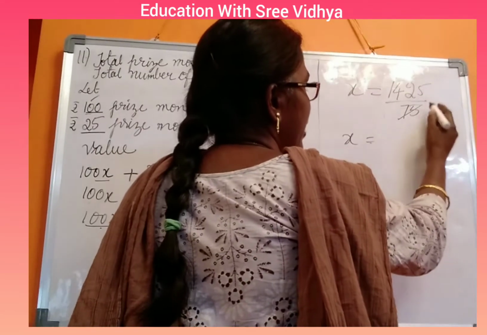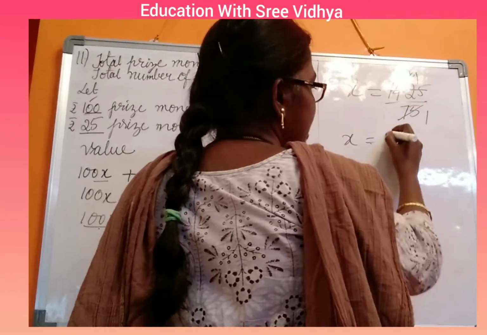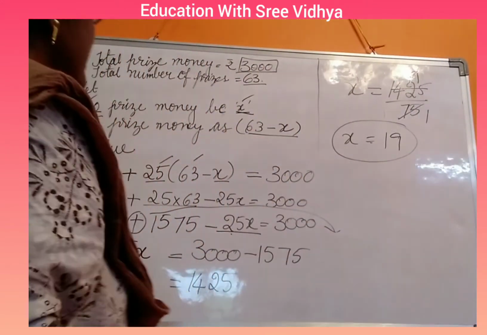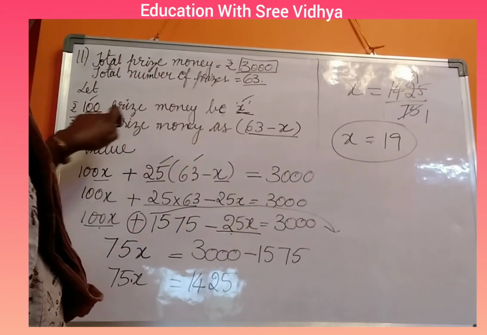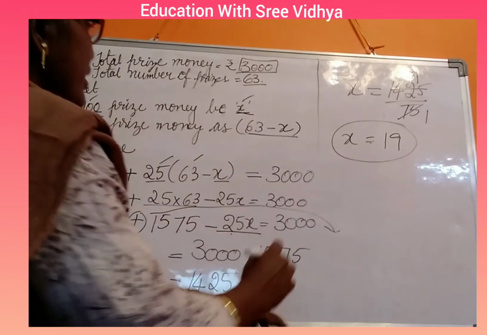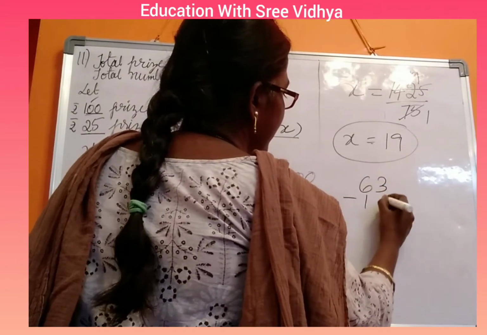Now 75 ones are 75, 75 nines are. So you divide, children. X is equal to 19 is the answer. Now for 100 rupees the number of prizes will be 19, and for 25 rupees the number of prizes will be 63 minus 19.